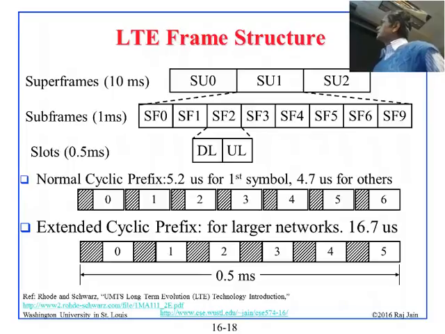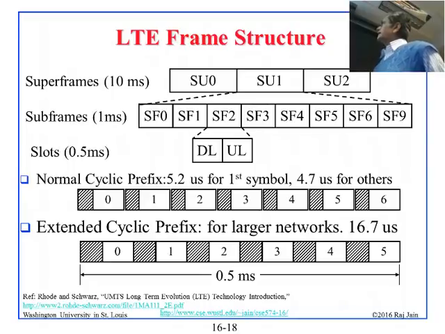Cyclic prefix. So this is symbol 0, 1, 2, 3, 4, 5, 6 symbols. And then there is a gap between the symbols, which is called the prefix. So in this case, if you have a 5.2 microsecond gap here and 4.7 here, so 6 times 4.7 is like 30, somewhere 30 microsecond plus 5, 35 microsecond. You subtract that from this and you get the symbol size.